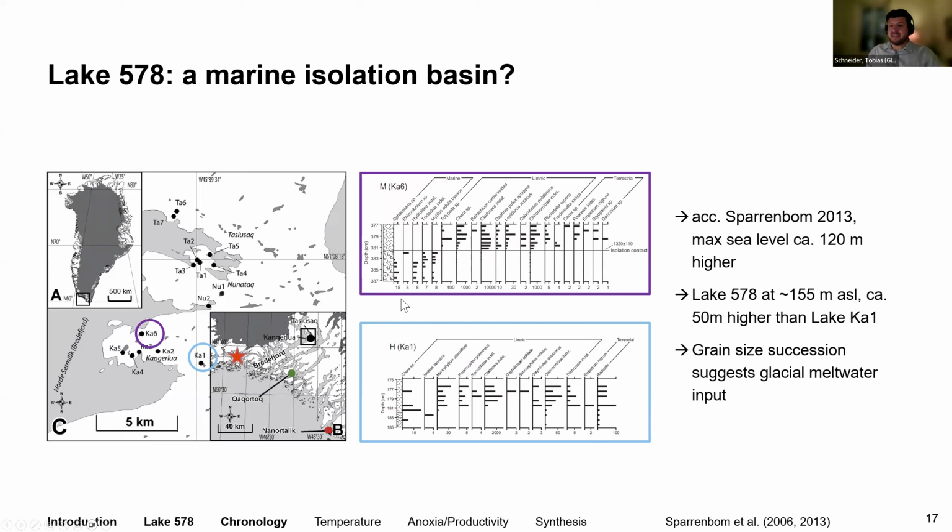So what we learned from this exercise is that basically Lake 578, which is even 50 meters higher compared to K1, is probably not a marine isolated lake, but the grain size distribution rather may suggest that it could be glacial water.